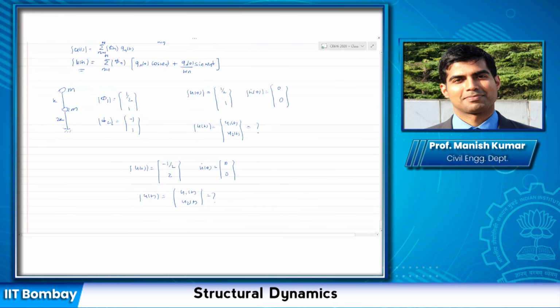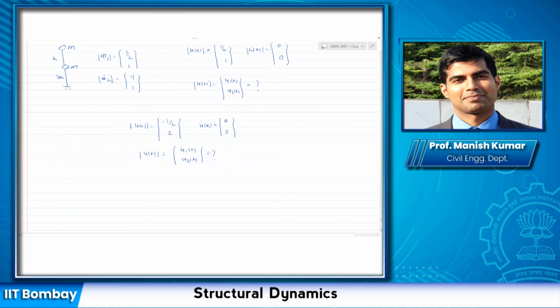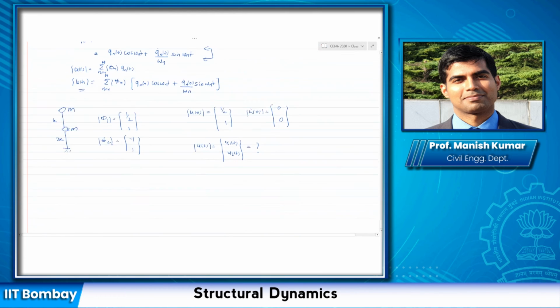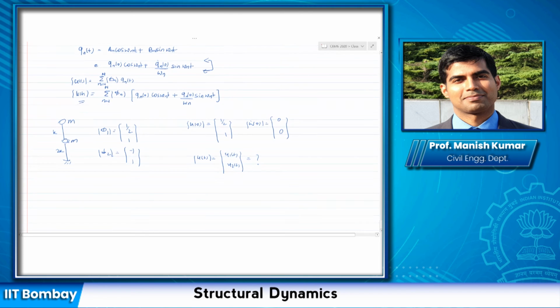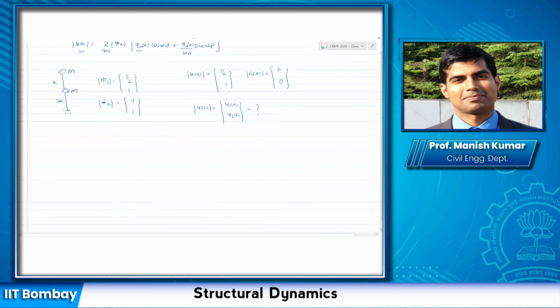Should we see what we get? Let us first do this first part. The initial displacement has been given to me. All I need to do to find the total solution is to get these quantities. And how do we get that? Well, let us go ahead and find out, let us say, Qn. First I'm going to find out Qn 0.